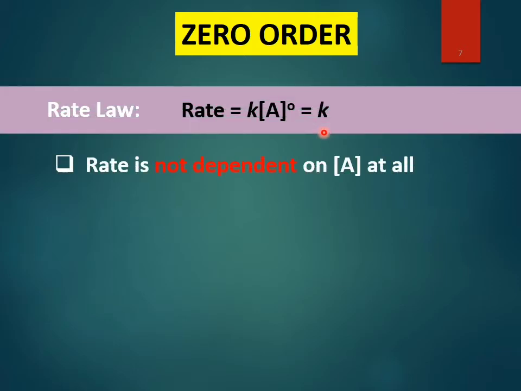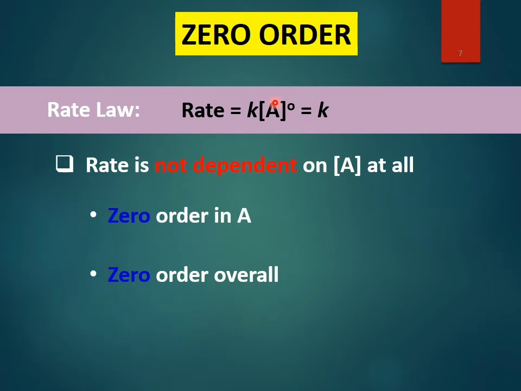When rate is equal to k, it means that my rate of reaction is not dependent on the concentration of A. So it is zero order in A and also zero order for the overall reaction.